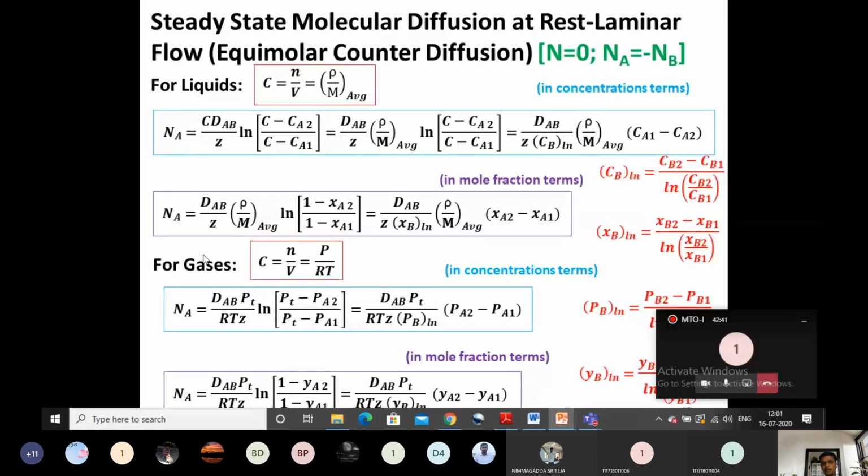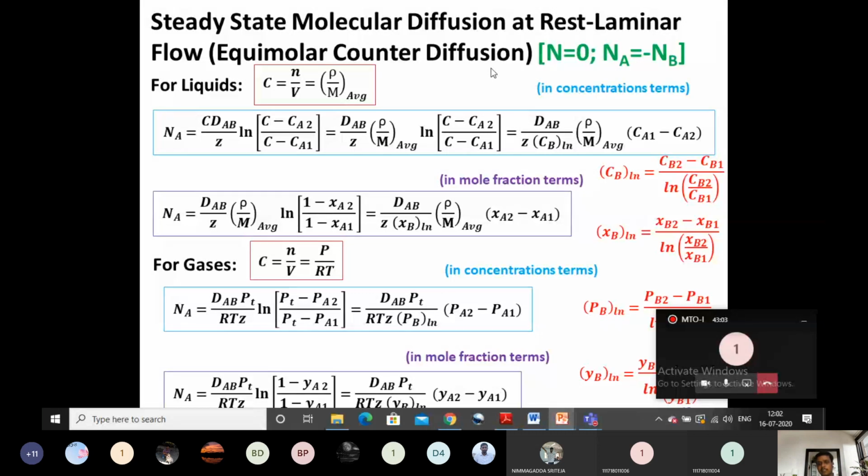Similarly for equimolar counter diffusion. The heading is the same, steady state molecular diffusion at rest, laminar flow, but the case is different. Here it is equimolar counter diffusion. When will this happen?